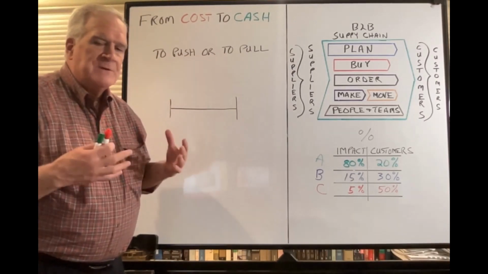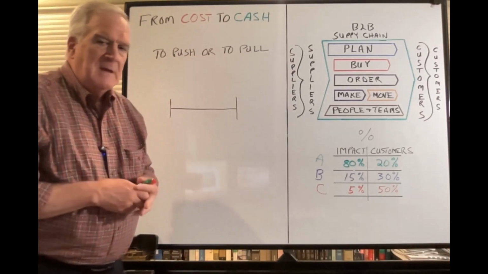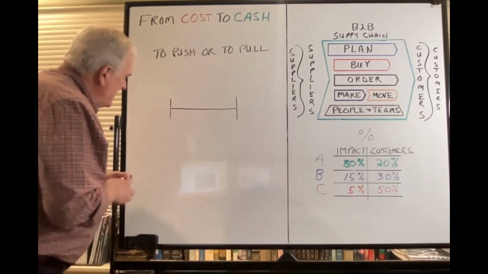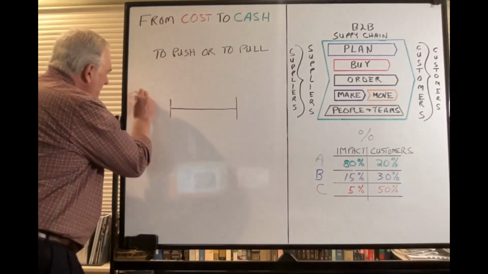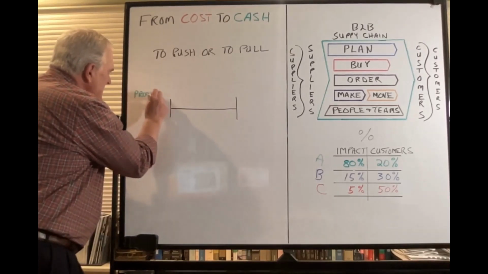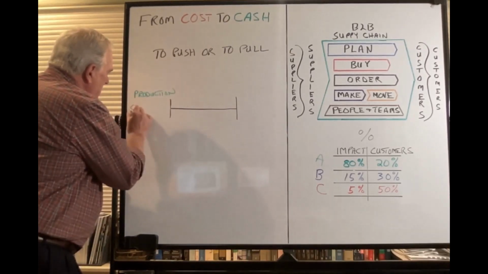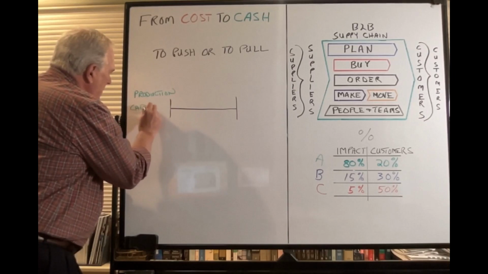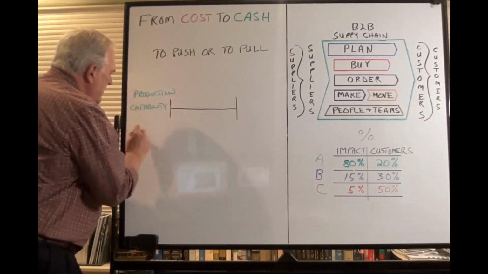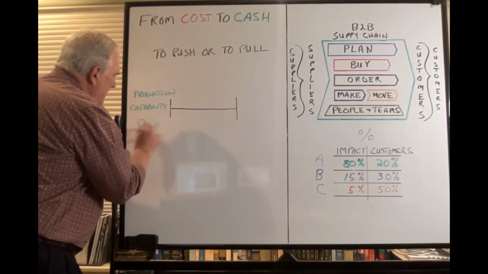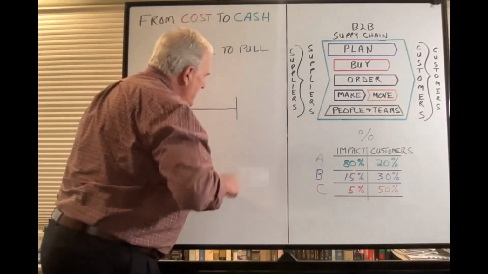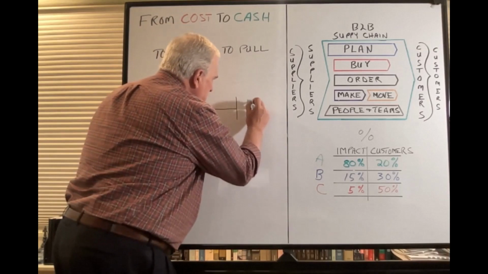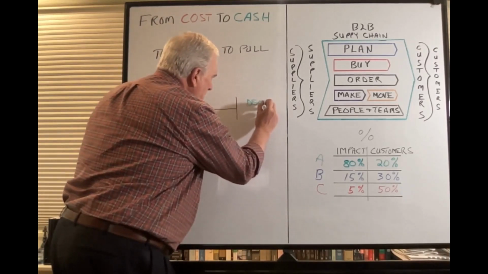It refers to a manufacturing strategy of either making based on production capability and capacity, which is called a push, or based on demand from the customers, which is really called a pull process.